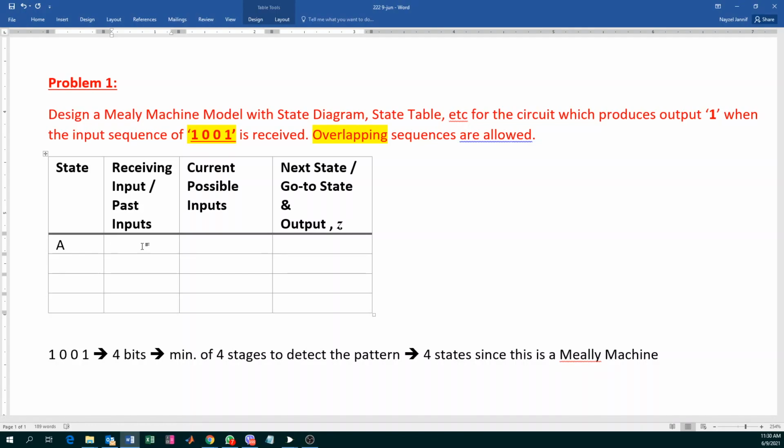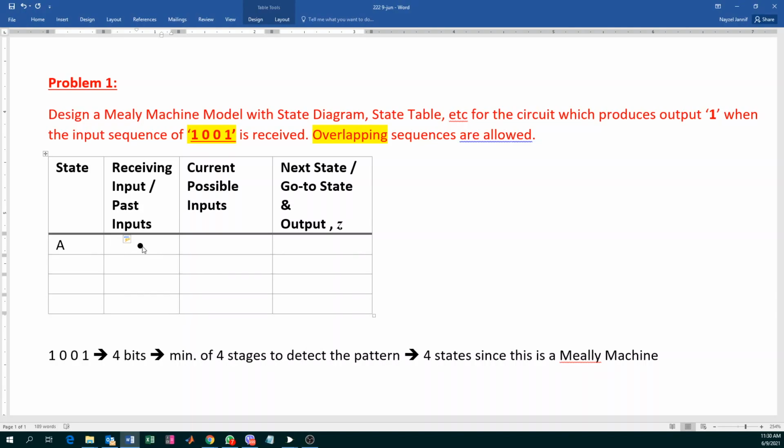Remember, right now your system is blank. Nothing has come in so far. We are entering the first bit. The system is empty. The first bit is supposed to come in. So let's just put an asterisk over here.